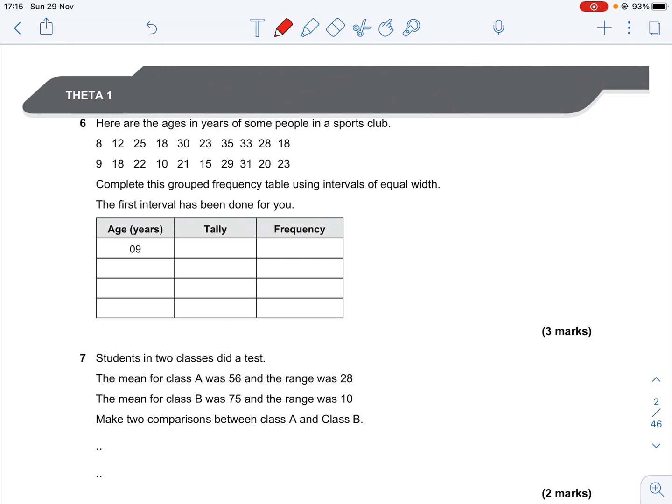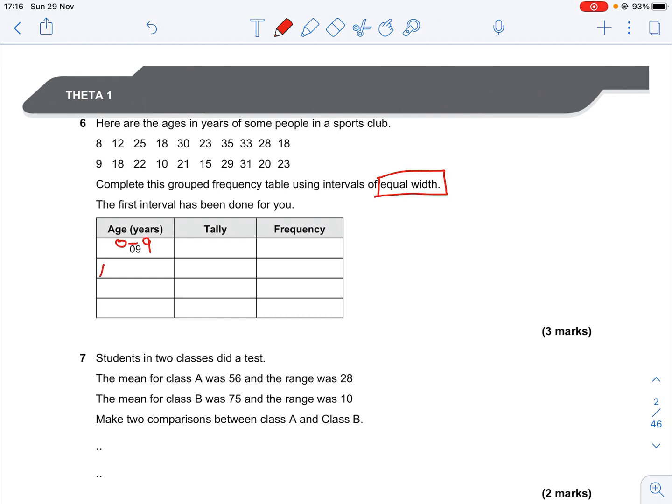Question 6. Here are the ages in numbers of some people in a sports club. Complete the group frequency table using intervals of equal width. The question says equal width. So the first interval is 0 to 9. The width is 0, 1, 2, 3, 4, 5, 6, 7, 8, 9, which is 10.